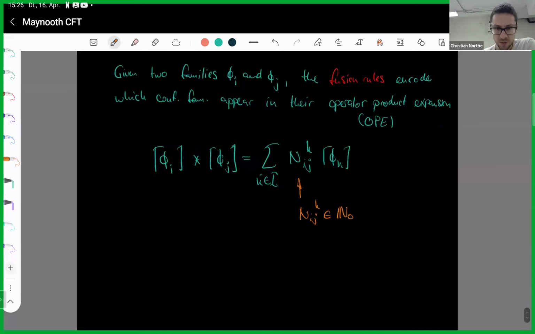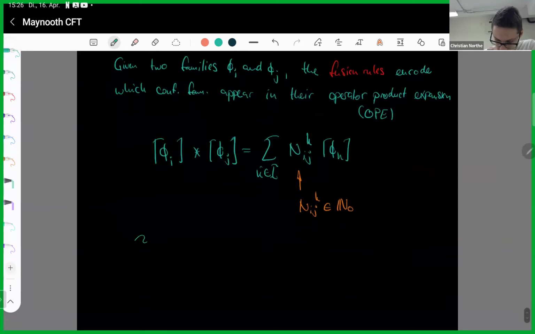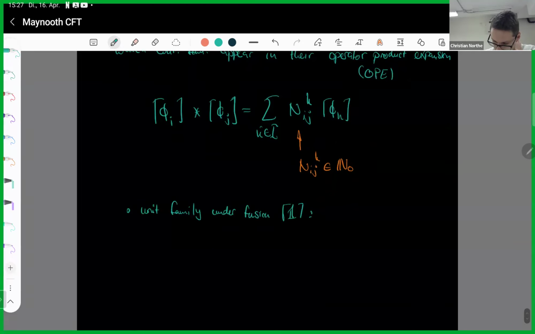So this is the concept of fusion. Evidently, this looks like a product and we want to treat it like that. There is going to be a unit family under fusion, and you guessed it, that's just the family of the identity field. That means that if I fuse the identity family onto any other family, I get no sum.